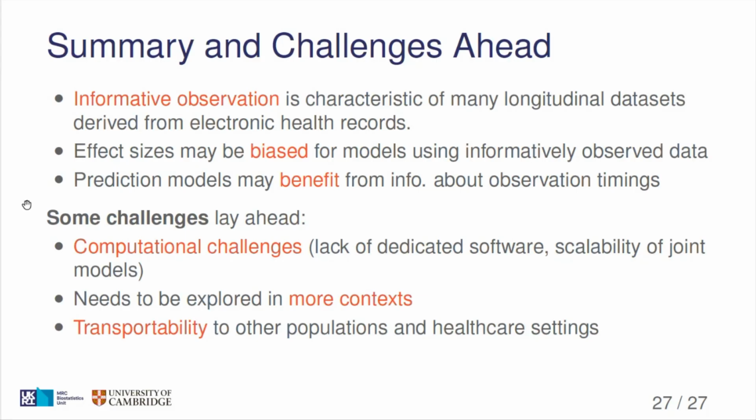There are a lot of challenges lying ahead. I've said very little about how, computationally, you would go about putting some of these methods into practice. What I find is that all of the papers I've mentioned would typically put the code they've used in their analyses up onto GitHub. I think there's a lack of dedicated software in this space.